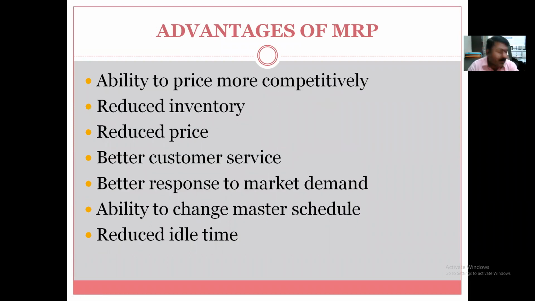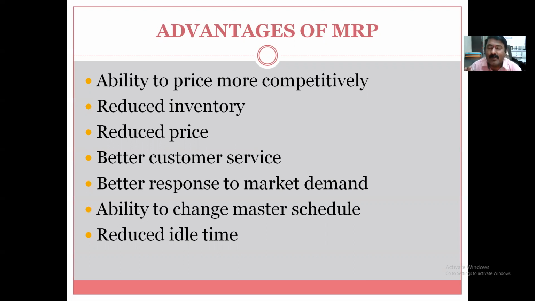Then what are the advantages of this MRP, material requirement planning? Ability to price more competitively. For example, say one of the companies, Bosch. They make grinder units and so on. Good quality is there. As far as quality is concerned, no problem. But along with quantity, if they have a good MRP system, material requirement planning, very little rejection may be there.